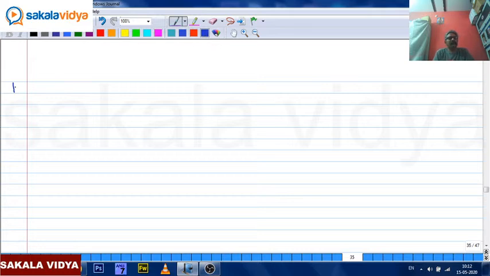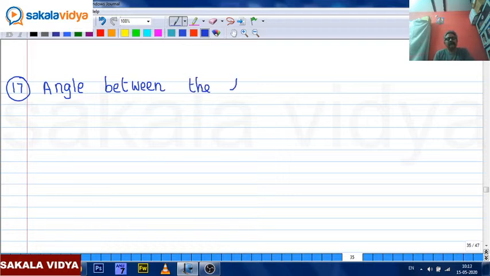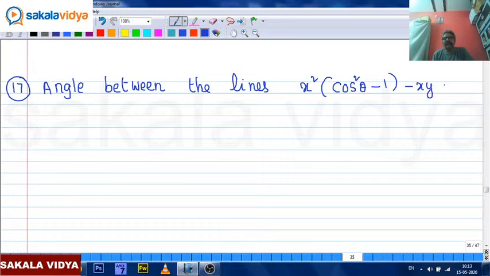Question number 17. Angle between the lines x square times (cos square theta minus 1) minus xy times sine square theta plus y square times sine square theta is equal to 0.